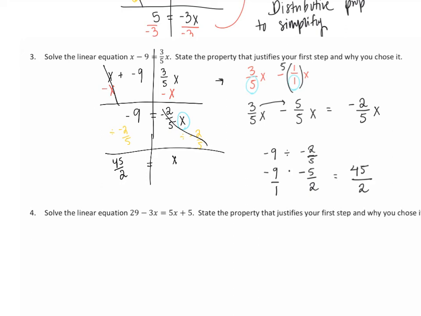I could also turn this into a decimal, or I could turn it into a mixed number. So if I did turn this into a decimal, 45/2 would be 45 divided by 2, and that equals 22.5. Okay, so either of those work.